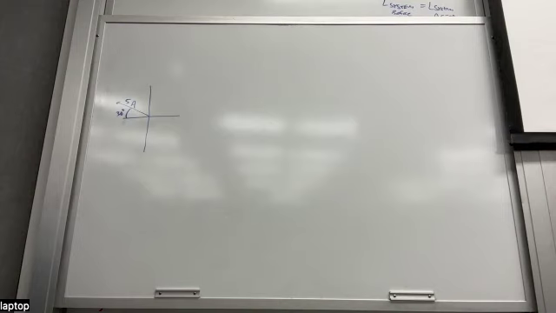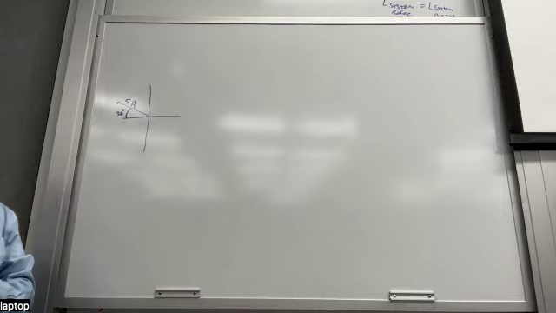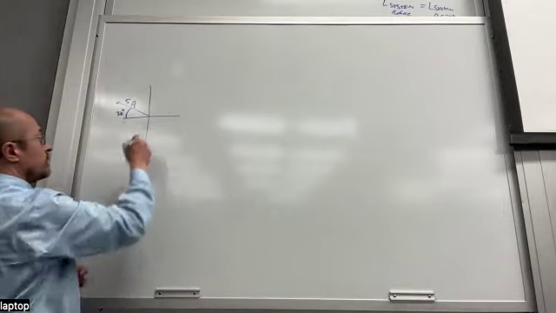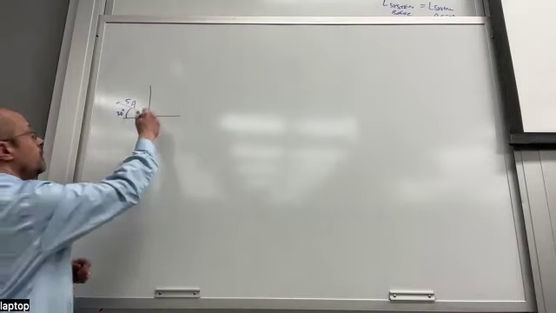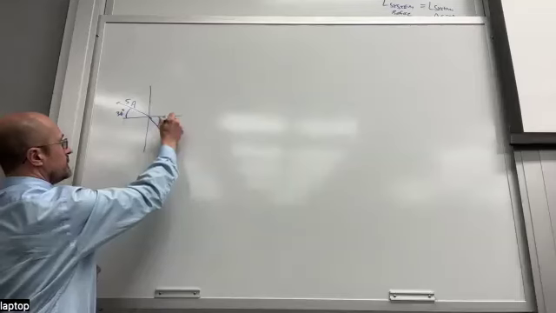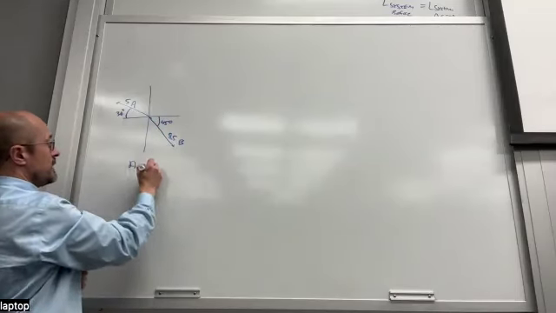Vector B would be what? And it's 8.5. Okay, at what angle? 45 degrees. So this is 45 degrees at 8.5, and this is vector B, and you said you wanted A minus B.